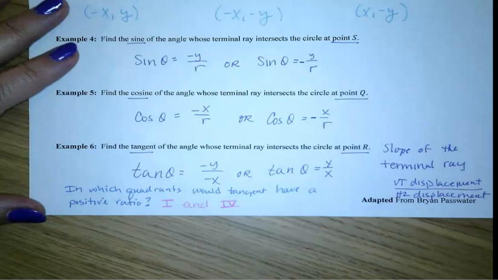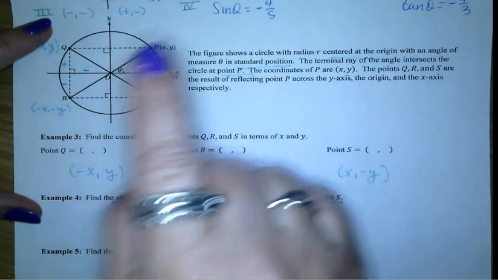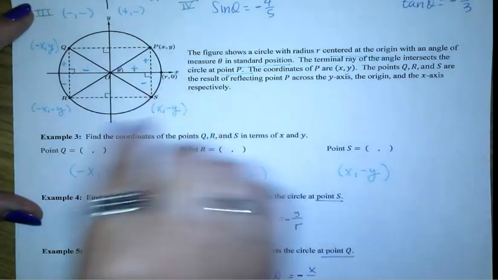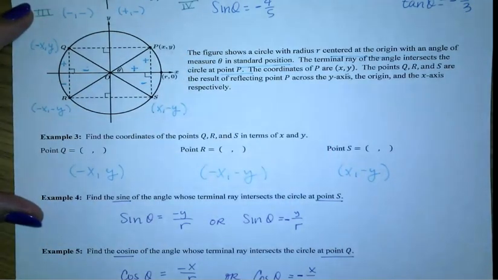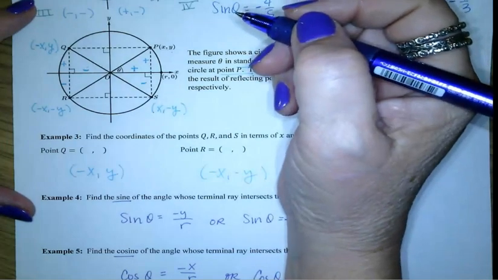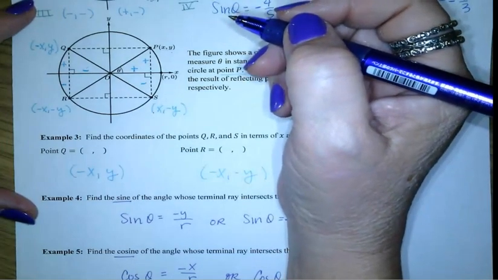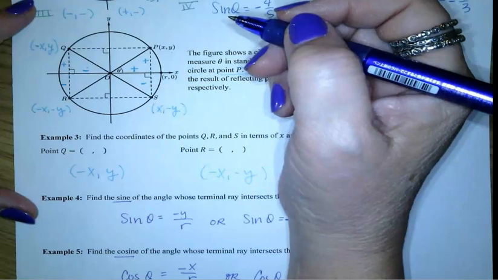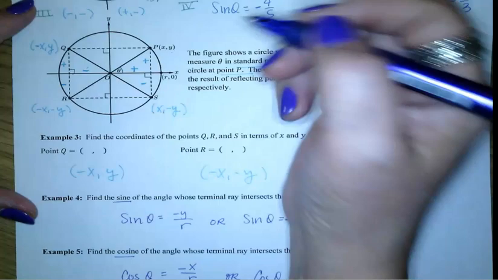So we've talked a lot about the ratios themselves. We've talked a lot about how when we reflect these things over, that we can interpret what's going on with the displacement on the circle based on just plain old graphing like we started doing and have been doing ever since Algebra 1.